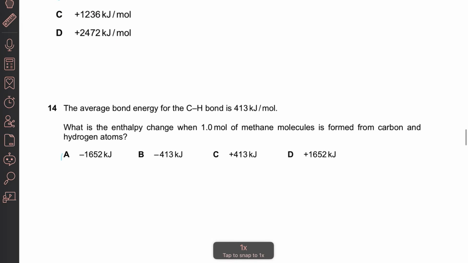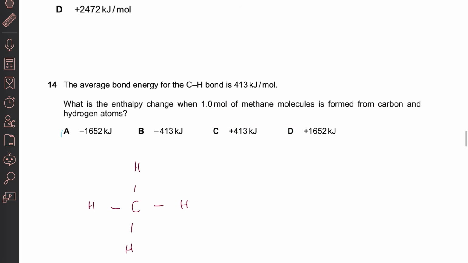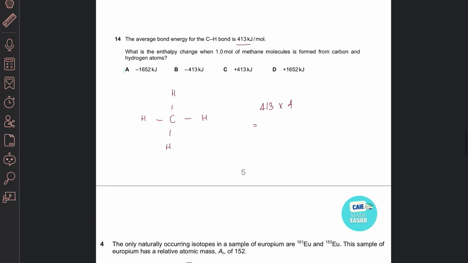Next question, the average bond energy of a C-H bond is 413 kilojoules per mole. What is the enthalpy change when 1 mole of methane molecules is formed from carbon and hydrogen atoms? So methane is CH4, you have 4 of these. You have 413 and you have 4 of these. You're going to multiply 413 by 4.